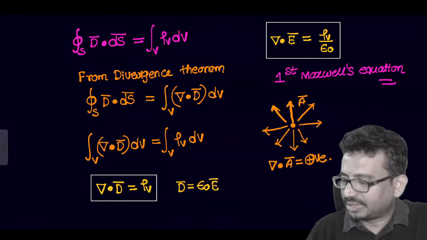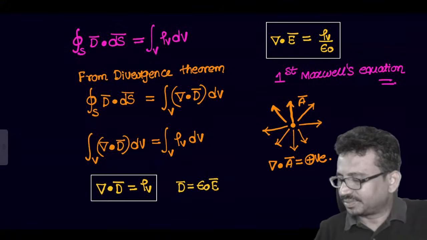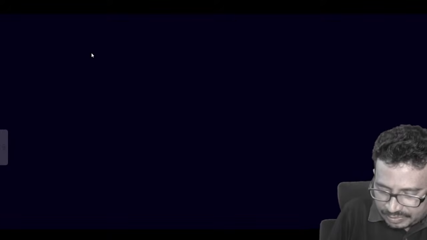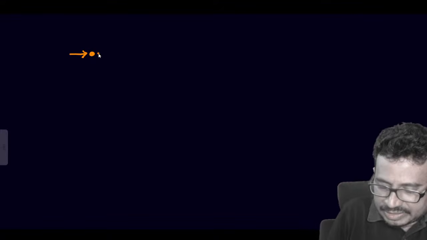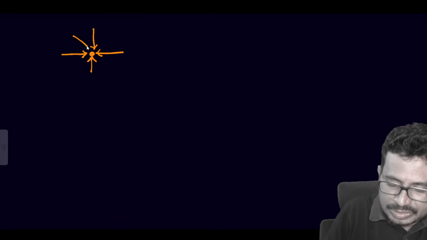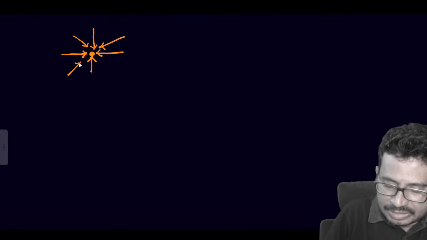Let me write on the next page. We have the field, and we take some point here. Let us say the field lines are like this. Field can be anything; here we should talk about the electric and magnetic fields. At this location, field lines are coming and converging at this point.